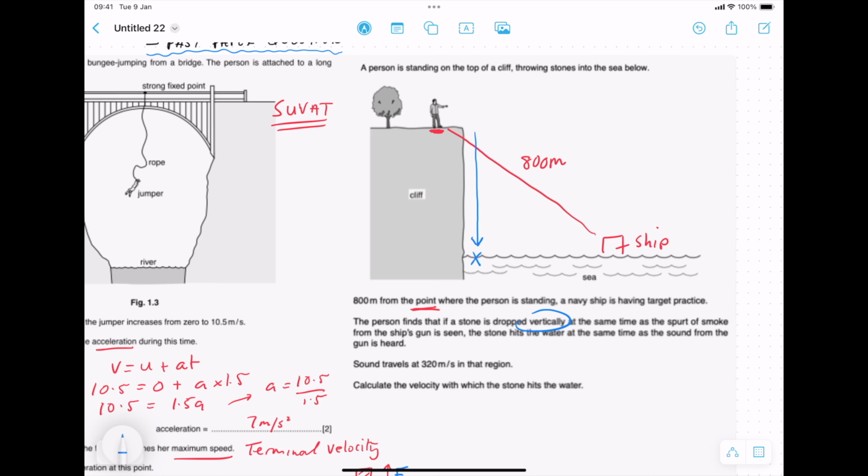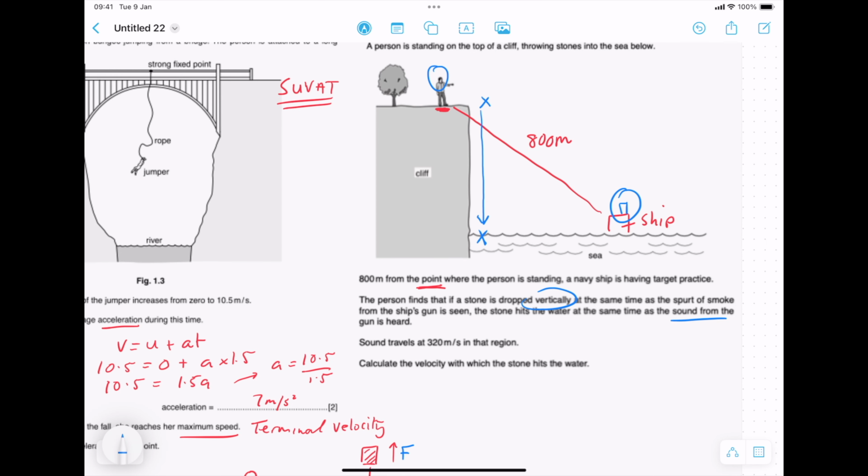It says the sound from the gun on the ship can be heard. Therefore, the first thing we have to do is work out how long it has taken that sound wave to travel from the gun to the person's ear, because that will tell us the time taken for the stone to go from this point to this point. In other words, the distance it travelled. The speed of sound is 320 meters per second.